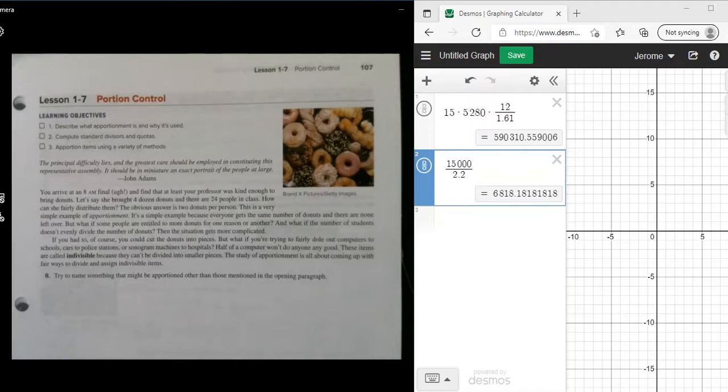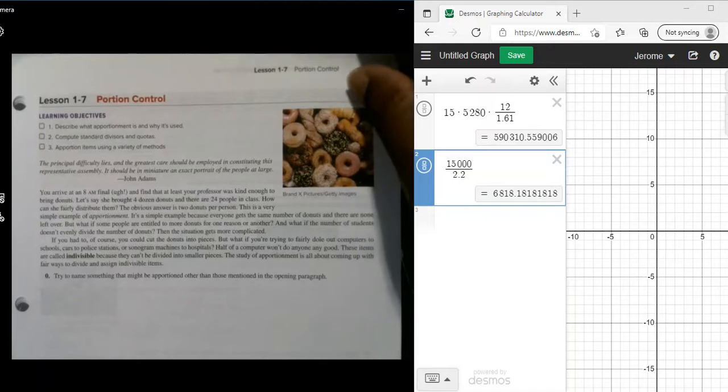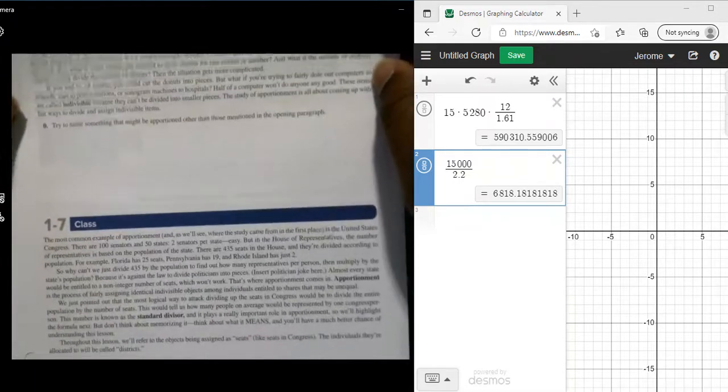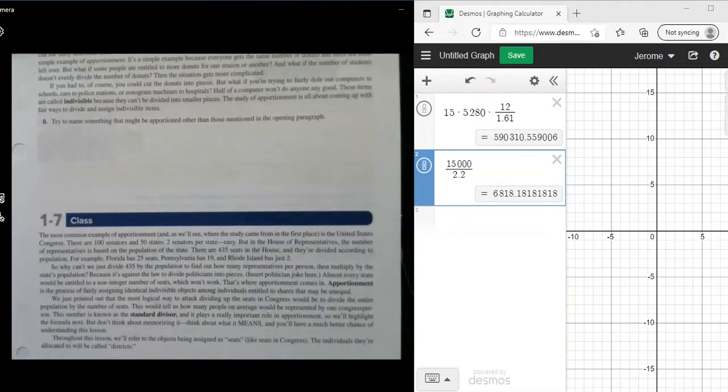Okay, so now what I want to do, because a lot of this you can read at your leisure, I'll read the bottom here because I believe this is important and it's also historical. It says the most common example of apportionment, and as we'll see where the study came from in the first place, is the United States Congress.